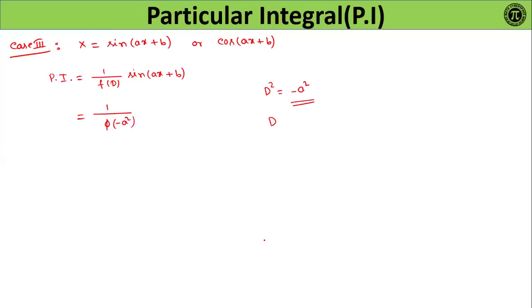Phi of minus a square means in this phi, all the terms d2 are changed by minus a square, and the term d is as it is. So 1 by phi of minus a square sine ax plus b. This is the process. Okay, let's understand using an example. Similarly for cos, then similarly 1 by phi of minus a square cos of ax plus b.